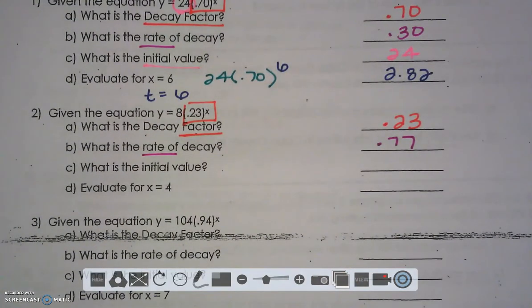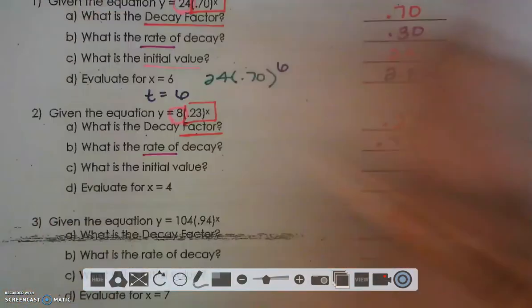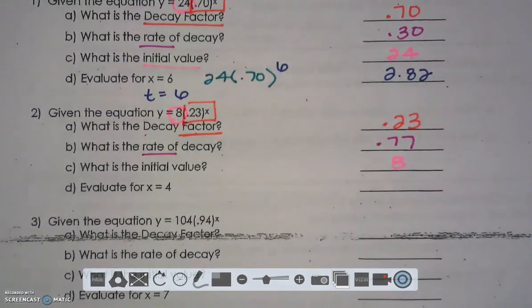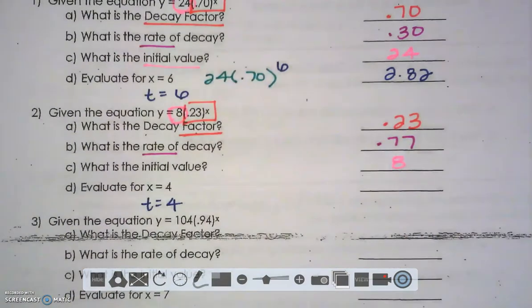So if I add those two things up, I'm adding to 100. My initial amount is out front. Okay, it's in the principal spot, that P spot. And it's asking me to evaluate at time 4.